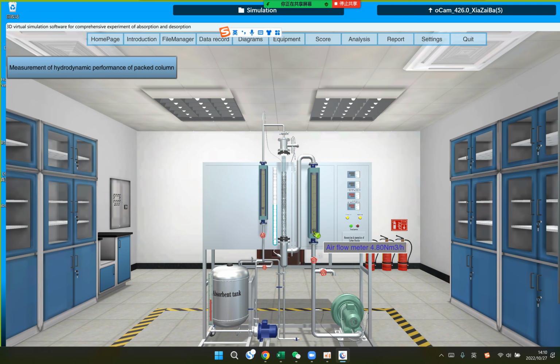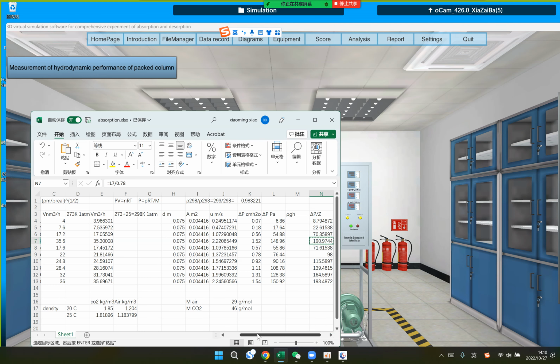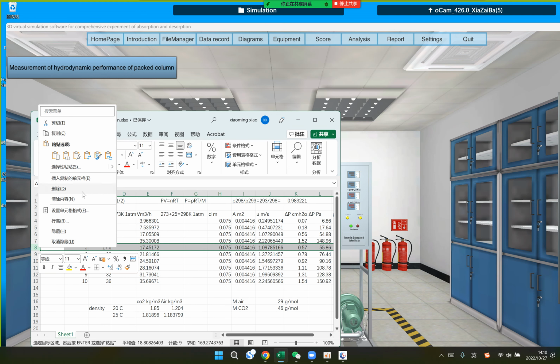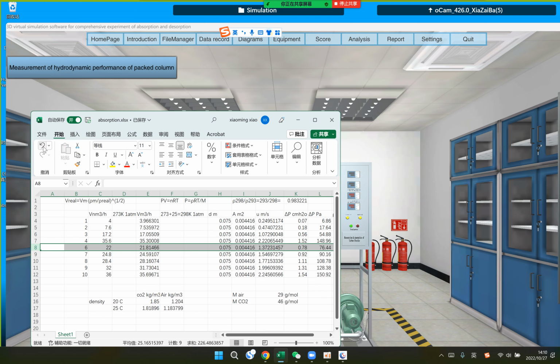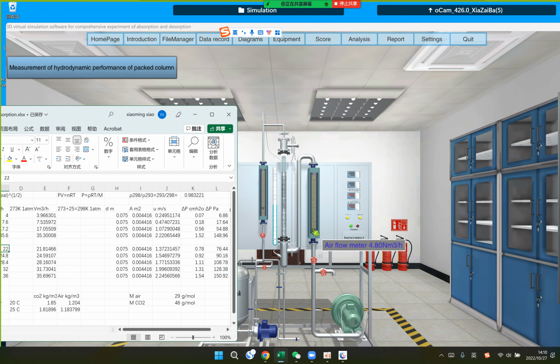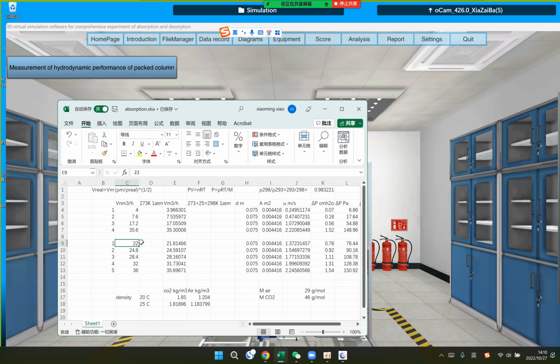Okay, so at this stage, the first set of data is 4.8. So maybe for this one, I make it empty. Oh, can't. Okay. So for the wet part, for the wet pressure, the first set of data is 4.8.